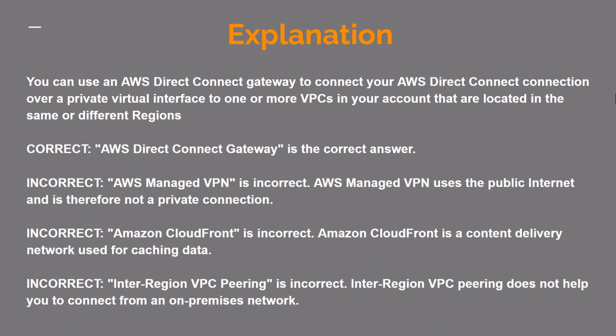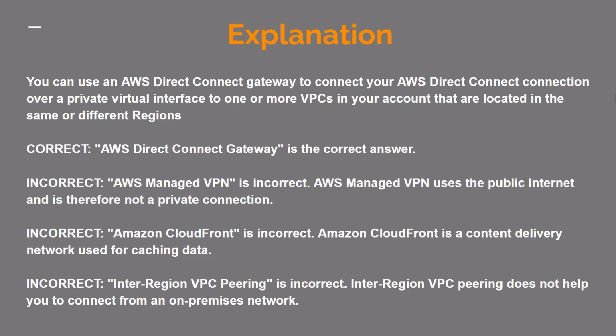Explanation. You can use an AWS Direct Connect Gateway to connect your AWS Direct Connect connection over a private virtual interface to one or more VPCs in your account that are located in the same or different regions. Correct. AWS Direct Connect Gateway is the correct answer. Incorrect. AWS Managed VPN is incorrect.